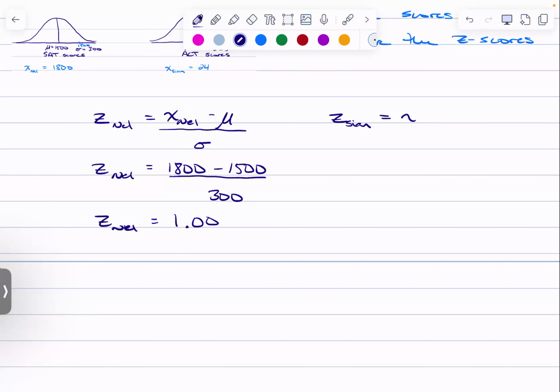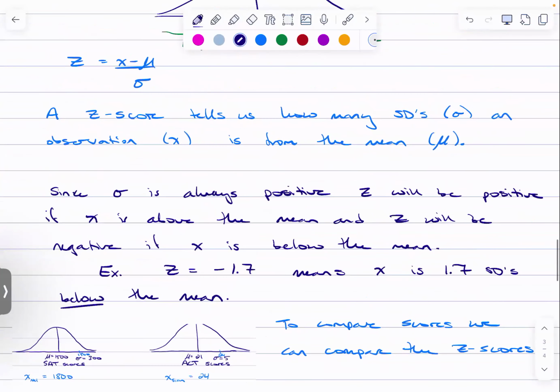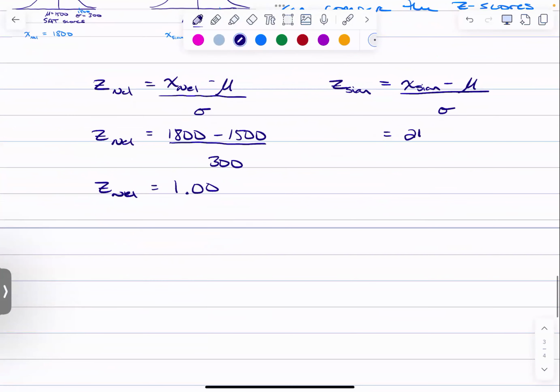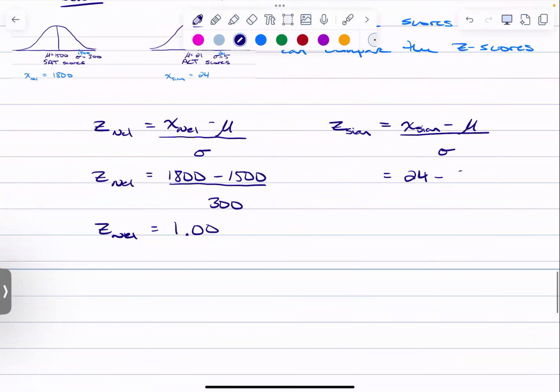And so I have my score for Cian minus the mean of the ACT scores, because that's where the score came from, over sigma. And Cian scored 24, and the mean is 21, divided by the standard deviation, which is 5. 24 minus 21 is 3, divided by 5.